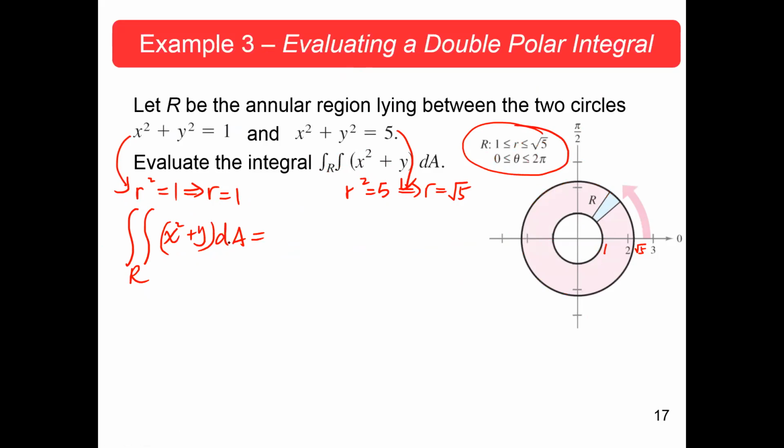Notice that dA over the region R could be written as r dr d theta. Then my radius r would go from 1 to root 5, and angle theta would go from 0 to 2 pi.